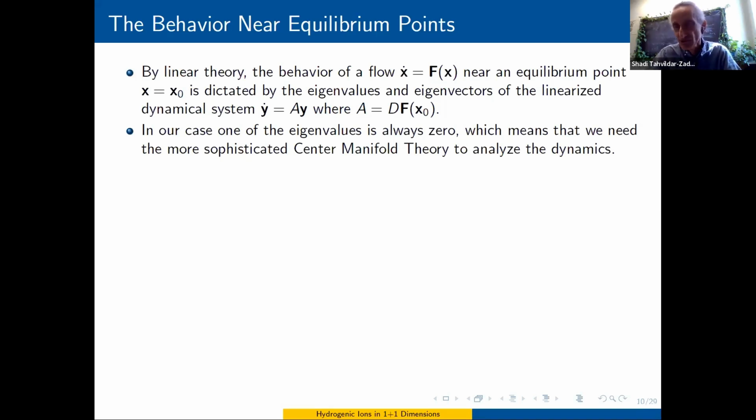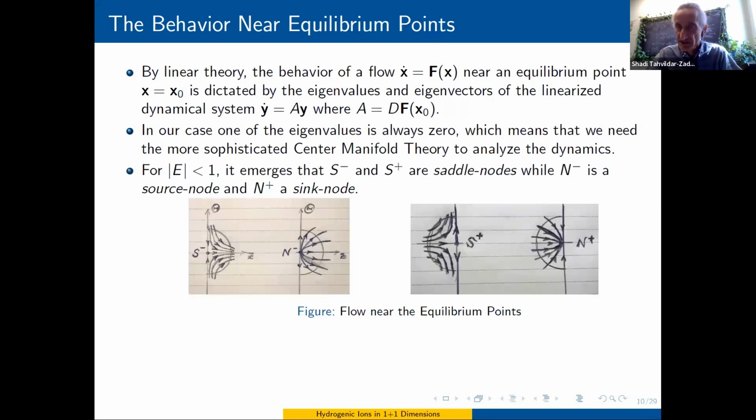The eigenvalues, one of them is always 0 for us. So we always have to be in this context. But fortunately, there is still a corresponding theory called center manifold theory, which still says that you can, under certain conditions, do this thing.